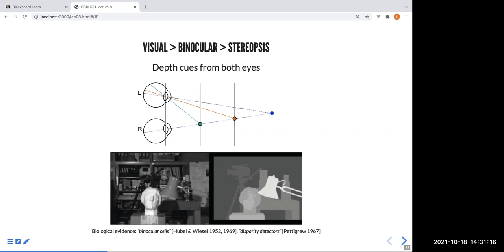This distance you can encode in images, and you end up with what is called the disparity map, basically a discretized depth image, where the lighter colors correspond to the closest objects, and the darker the color, the farther away.